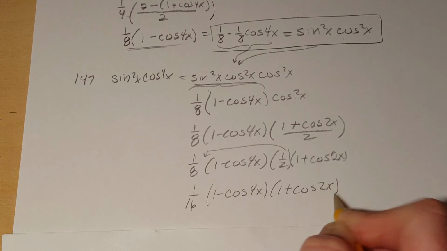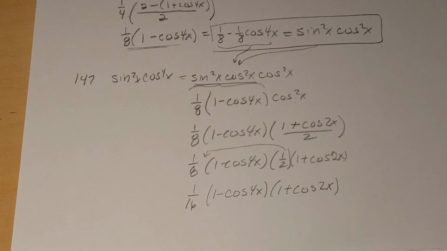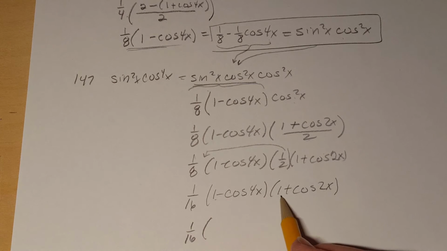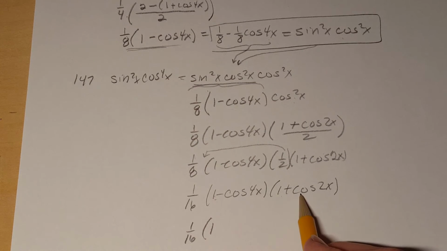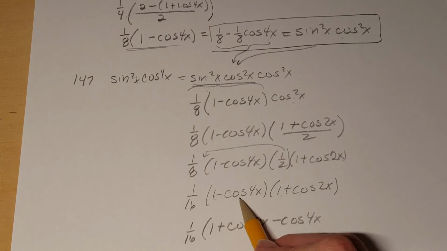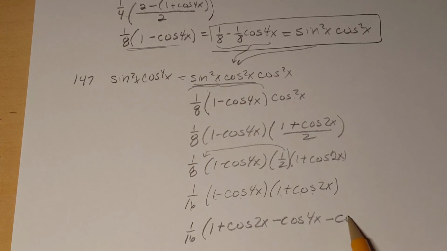And now all we have to do is distribute, or FOIL. So we have 1/16 times 1 is 1. 1 times cosine 2x is plus cosine 2x. Negative cosine 4x times 1 is negative cosine 4x. And then negative cosine 4x times cosine 2x is negative cosine 2x cosine 4x.